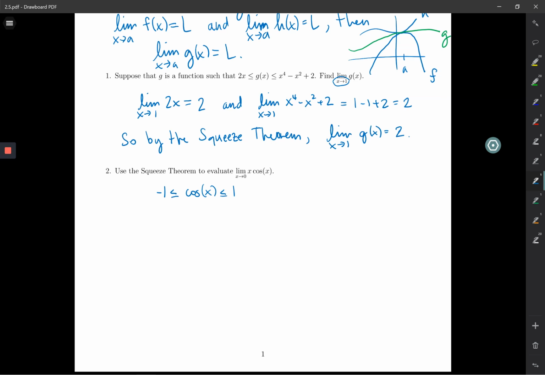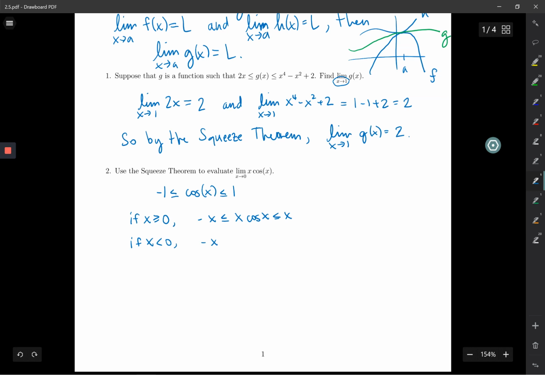So if we did have that x was positive or 0, so non-negative, then we would just multiply through by x, knowing that it's not changing the inequalities, and so we would get this. On the other hand, if x was less than 0, so if x was a negative number, then the inequalities would flip, but we would actually get the same thing.